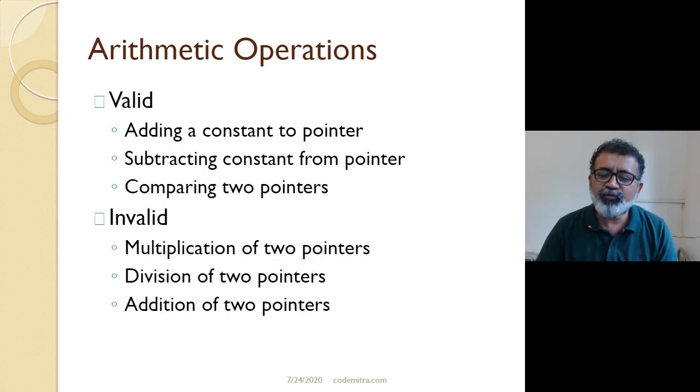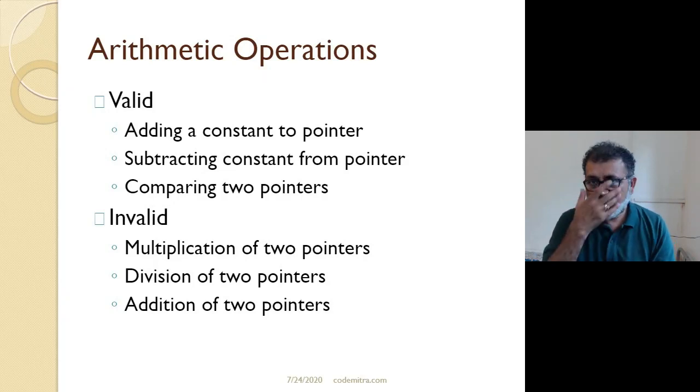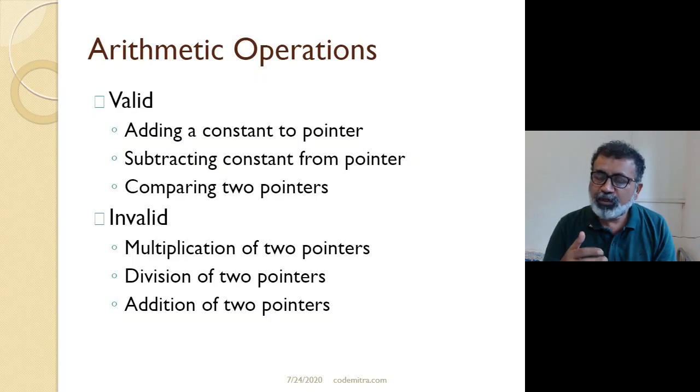Subtracting a constant from the pointer is allowed, provided the two pointers point to the same array, right? Because basically pointers are useful for accessing array elements. As far as efficiency and speed are concerned, internally arrays are accessed only using pointers.